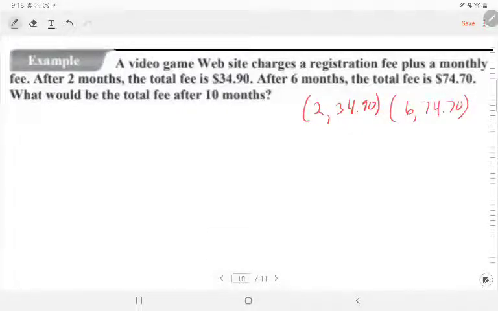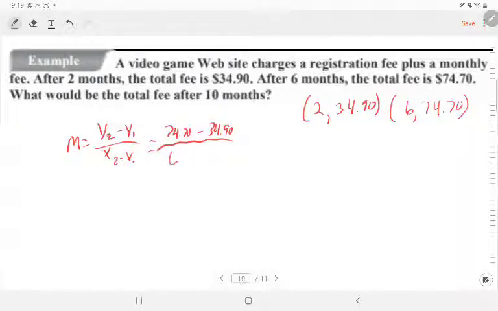Now the first thing that we could do is find the slope by the change in y's over the change in x. So the change in y would be $74.70 minus $34.90 over 6 minus 2.